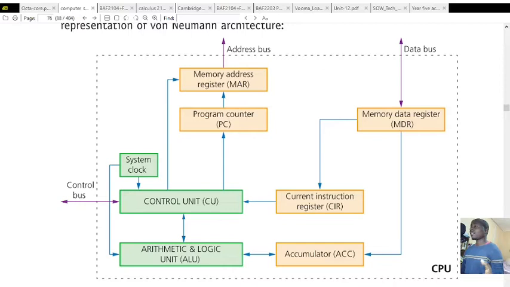Then the memory address register is used to reference the memory location where the data is stored.